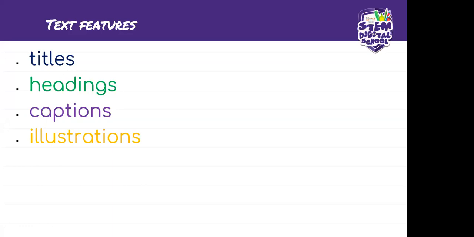So anyway, if you're wondering why I asked you to use a textbook or a study guide, it is because if you take your reader or your novel, some of the features that I have here may not be there. All these features we will be discussing today are always found in your study guide or your textbooks. In your readers, many of these features will be there, but a few may not.